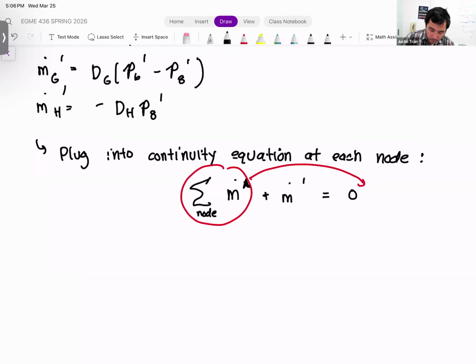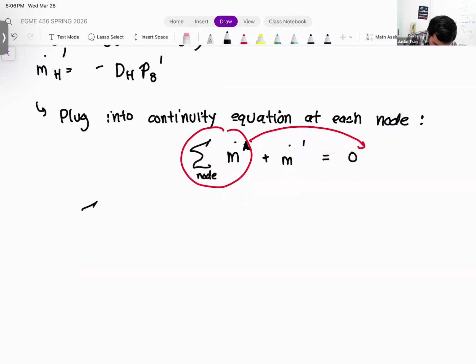And so we get the summation along each node of the m dot primes, basically all the corrected mass flow rates entering the node, equal to minus the summation of the incorrect mass flow rates m dot star. So we're going to apply this equation to each node.